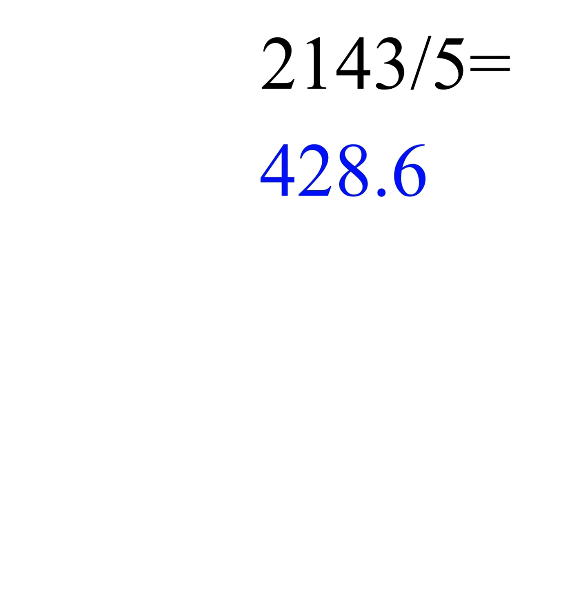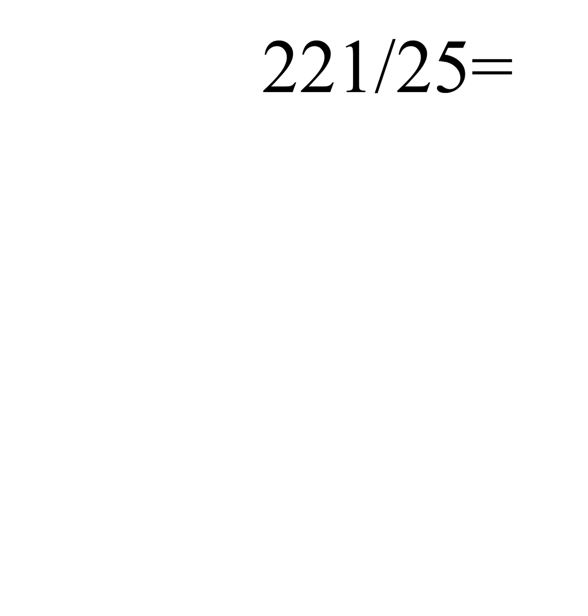Now let's go to division by 25. Here again it is a fraction, and instead of multiplying the numerator and the denominator by 2, we multiply by 4. So the denominator would be equal to 100.